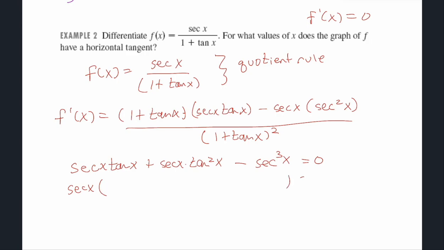Okay. Now, what's left, I'm going to write it in a slightly nicer order so it will be a little more factor friendly. So when I took out the secant from this term, I'm left with the tangent squared. I'm just checking to make sure I did it right.